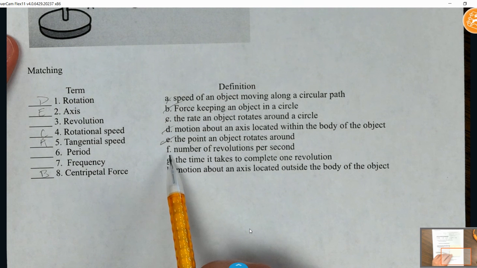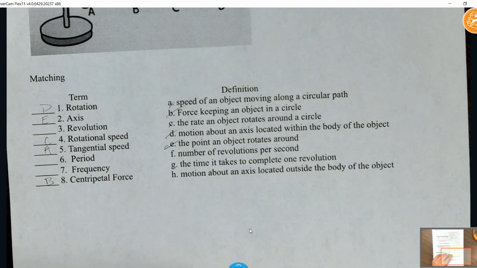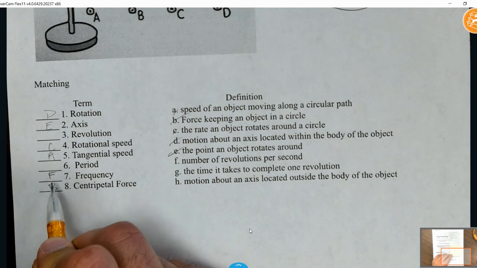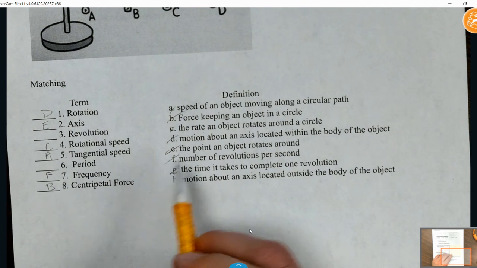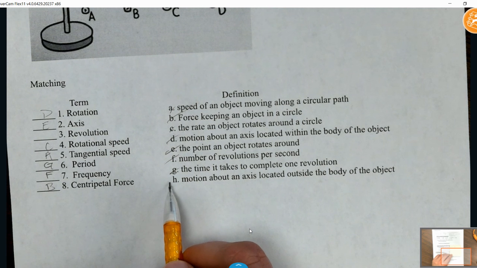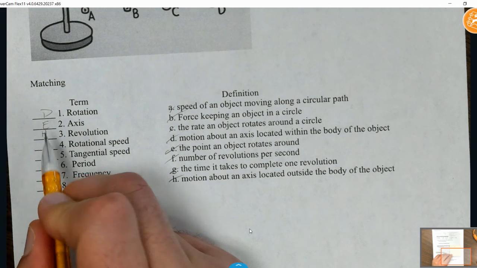Number of revolutions per second, which is your frequency here. Time it takes to complete one is period, and then the last one here, the motion around an axis that's located outside the body, that would be your letter H.